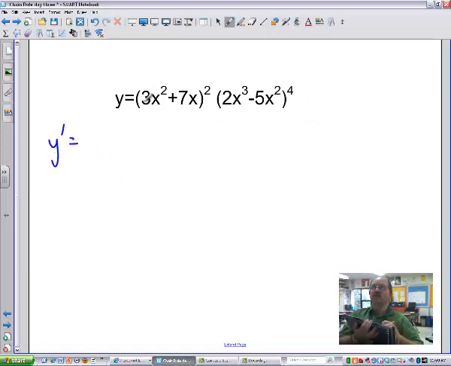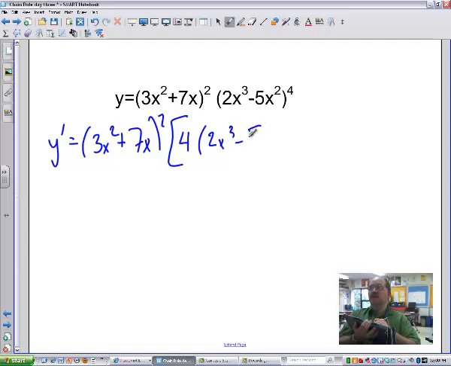So we said we're going to use the product rule, and with the product rule, the first times the derivative of the second. So we need the derivative of all of this stuff over here, and so we're going to use our power rule first for something to the third power times the derivative of that something, and the derivative of 2x cubed is 6x squared.